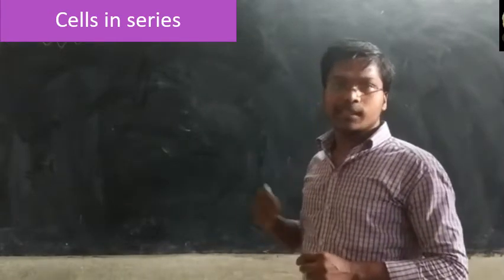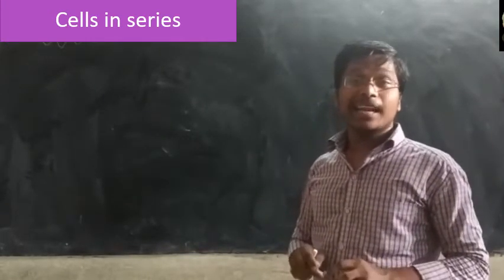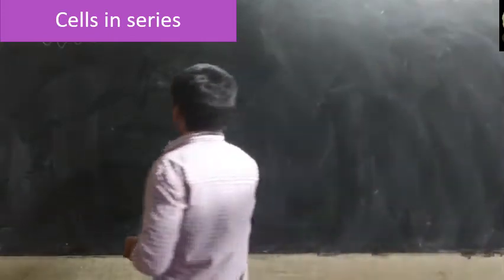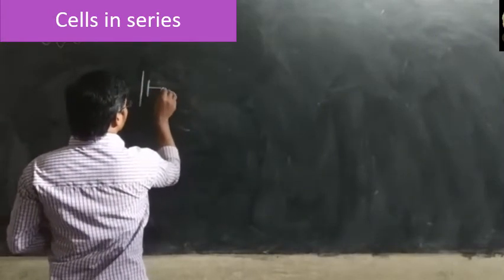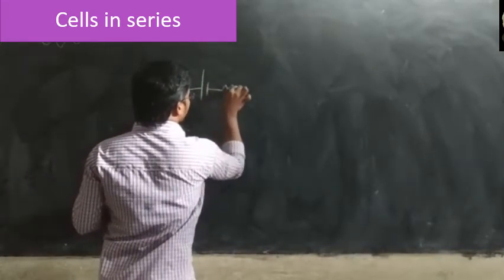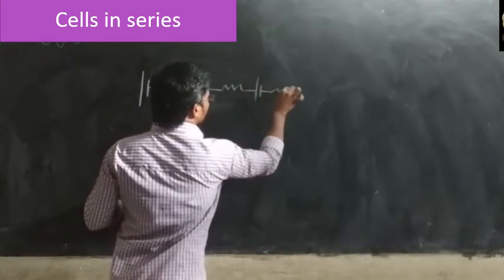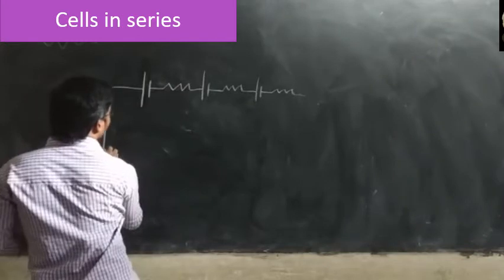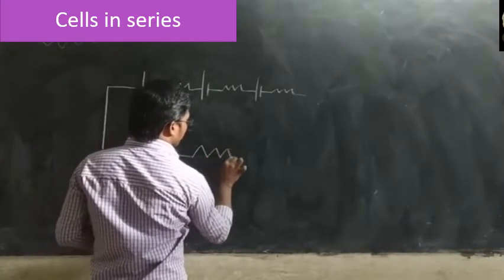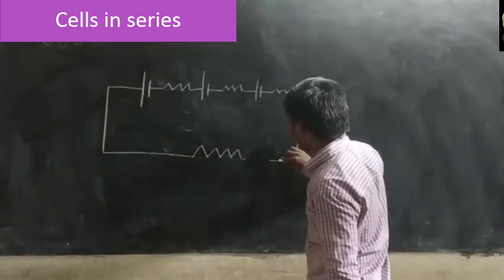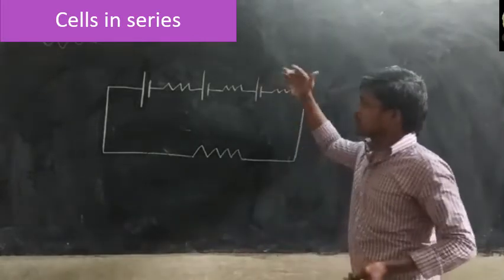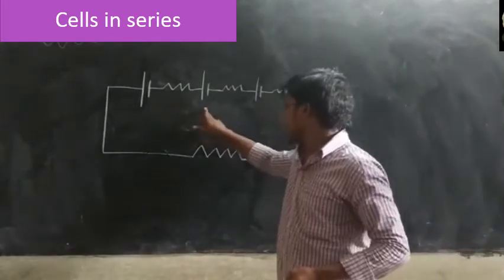First, the series combination of cells. In this concept, let us consider n number of cells: first cell, second cell, third cell.